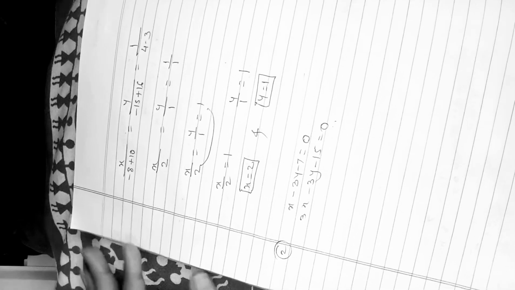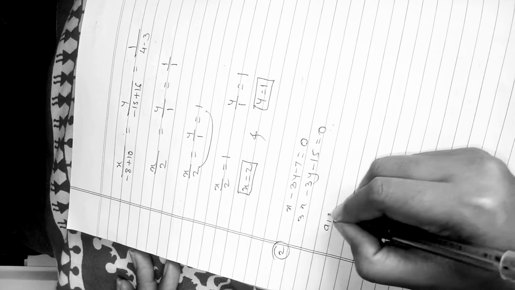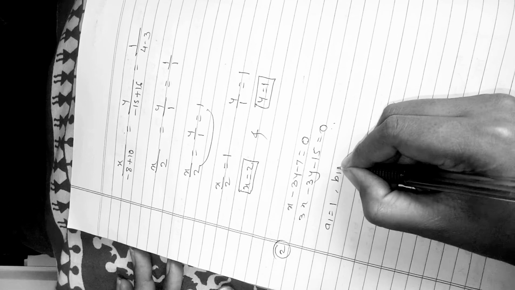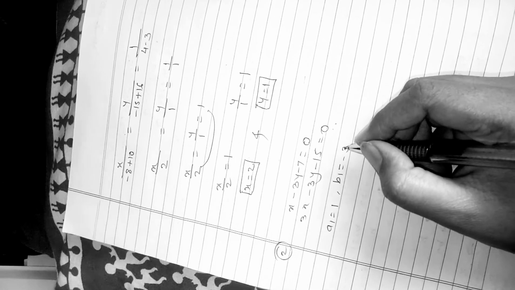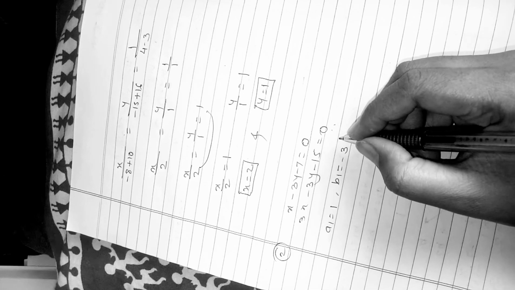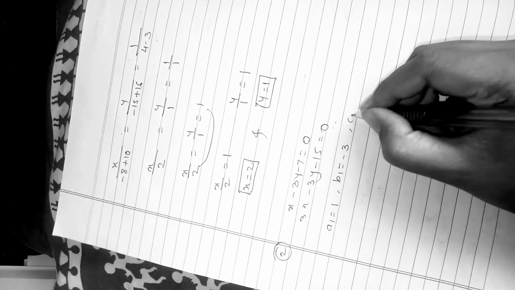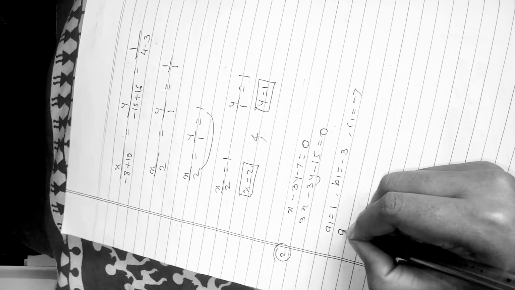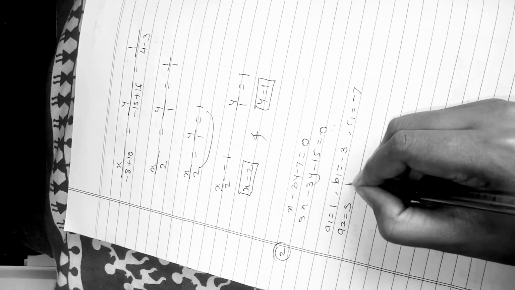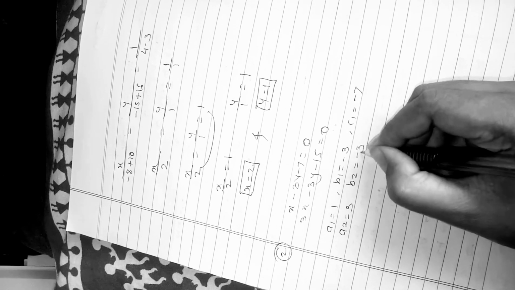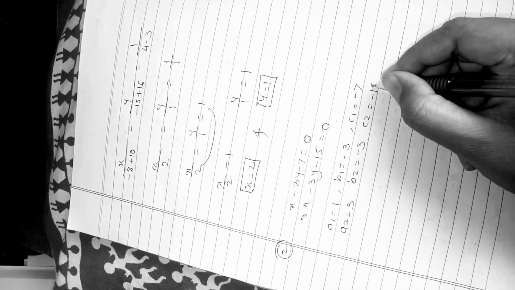So here the value of a1 is equal to 1, b1 is equal to minus 3, c1 is equal to minus 7, a2 is equal to 3, b2 is equal to minus 3 and c2 is equal to minus 15.